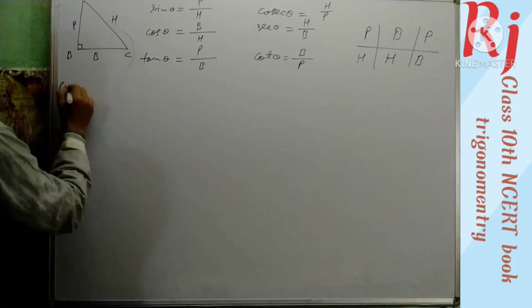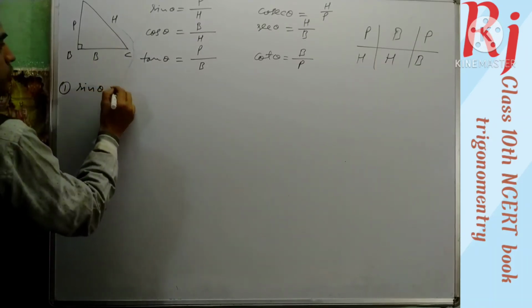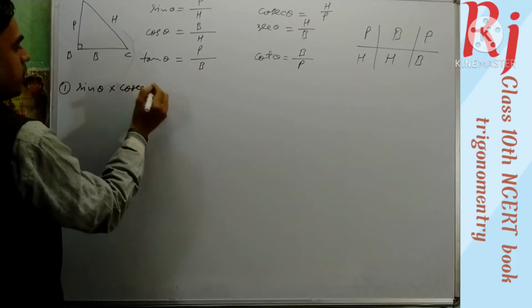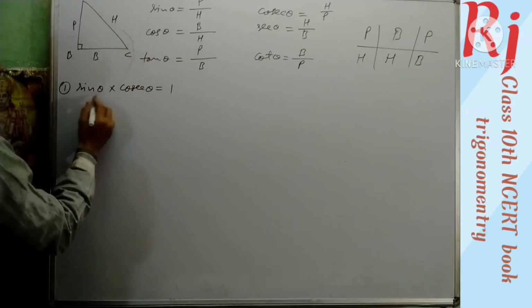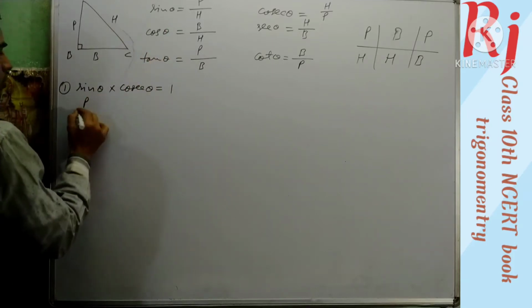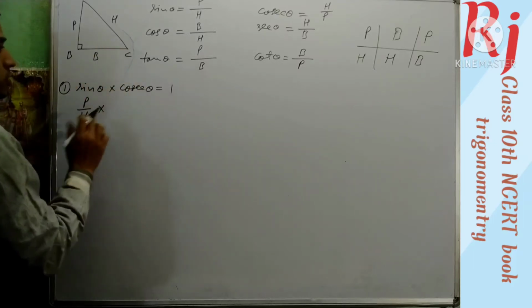The first formula is sine theta into cosec theta equals 1. Sine theta means perpendicular upon hypotenuse, into cosec theta.